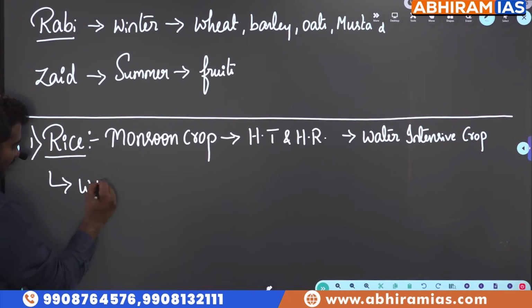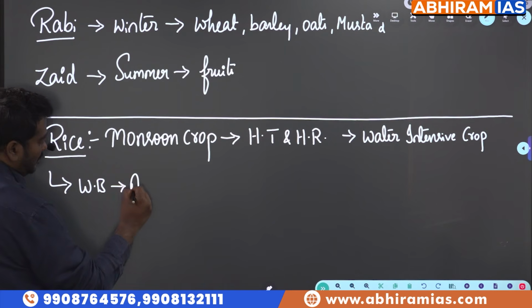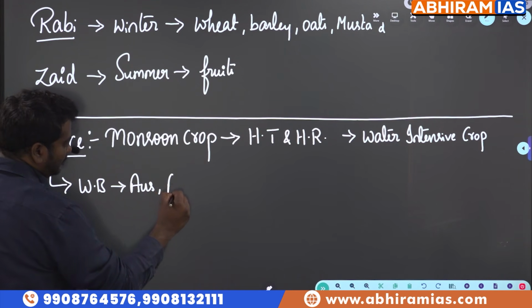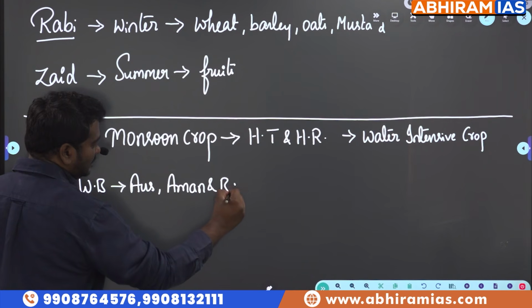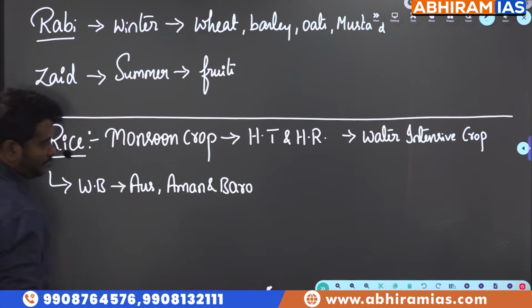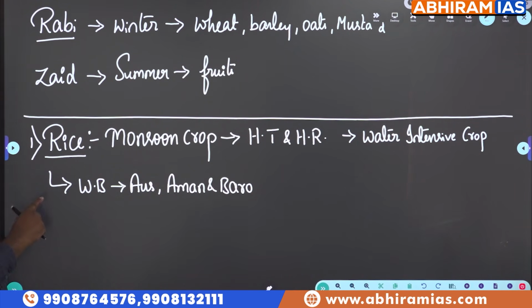In West Bengal, this is called Aus, Aman and Boro. If they use these three words, it is West Bengal. Aus, Aman and Boro, three rice growing seasons.